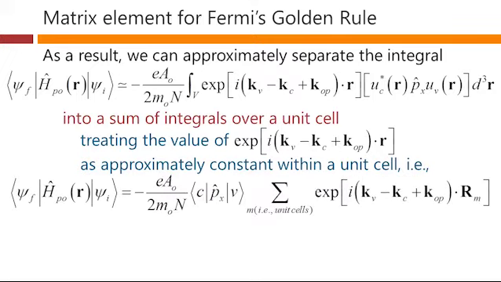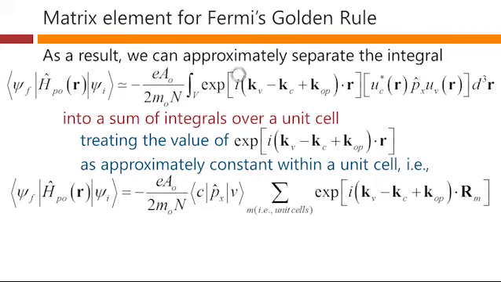So with that, we can take these out as constants, a different one for every unit cell, but all we're left with to perform as an integration is within any one unit cell. And of course, this integrand is the same in any unit cell. So this integrand we can pull out of the integral as a constant and turn the integral just into a sum of these complex exponentials, using the value of r in the middle of a unit cell.